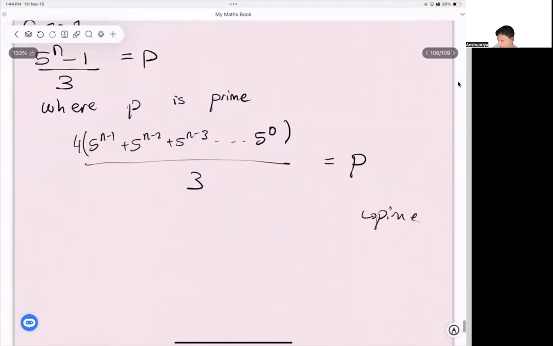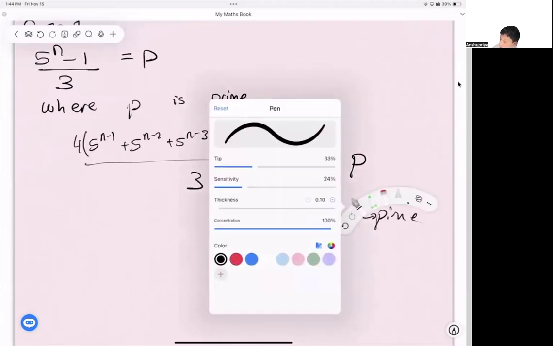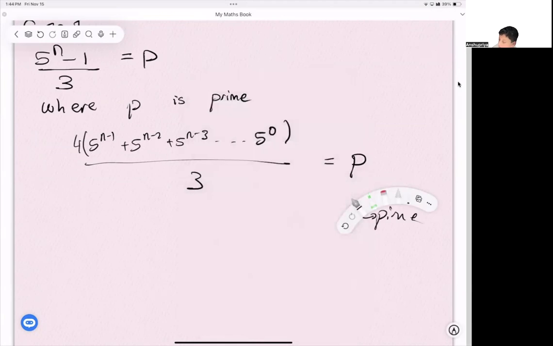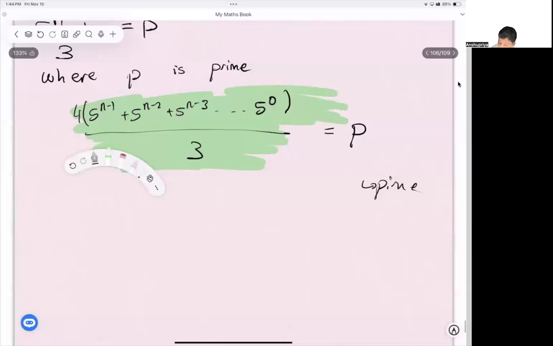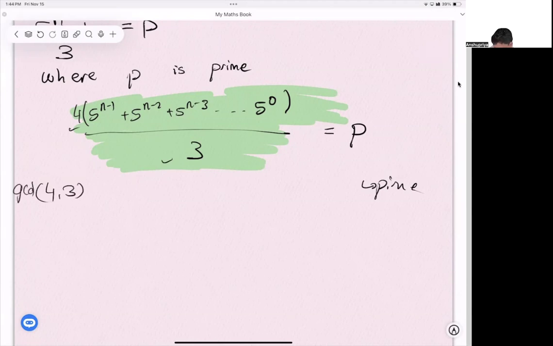Okay, this is very, very important. You need to understand this step very well. I'll give you a hint: you need to do it with binomial. This expression is very important. And we know that the GCD of 4 and 3 is 1.